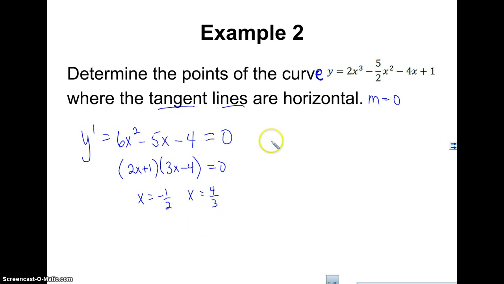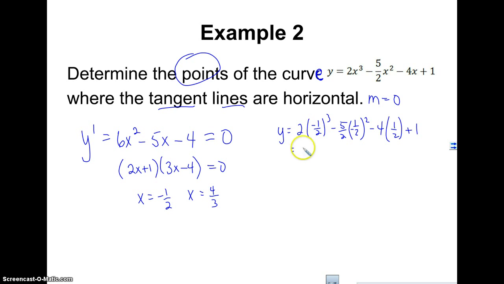And what we're going to want to do is find the points. So we're going to plug the x values into our equation and find out what our y value is. So y equals 2 times negative 1/2 cubed minus 5 halves times negative 1/2 squared minus 4 times negative 1/2 plus 1.